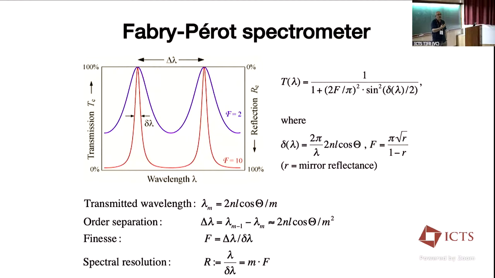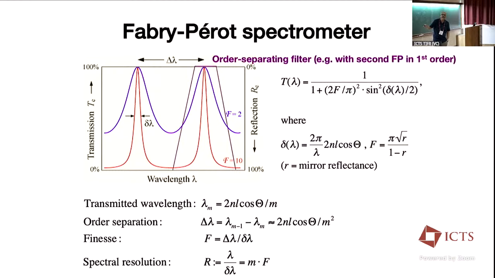And this can be done with an additional filter, for example, an additional Fabry-Perot at lower order. So I can put here an additional filter, and I would isolate only one of these peaks, and I will get a very narrow wavelength, very, very high resolving power, and only one.